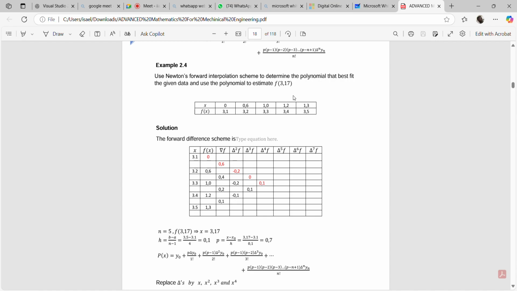The only difference with that other one, we had x initial and x final. But what I want you to keep in mind, the value inside the bracket here is the value of x. That is one of the reasons in your solution you see the value of x to be 3.17. So you have to be able to see it. How do you see it? The value inside the bracket is the value of x. Mathematics is easy. It's all about seeing. Don't think too much. Just see and apply.